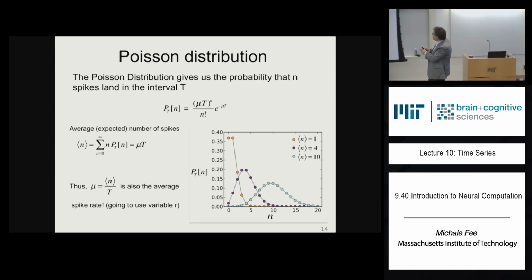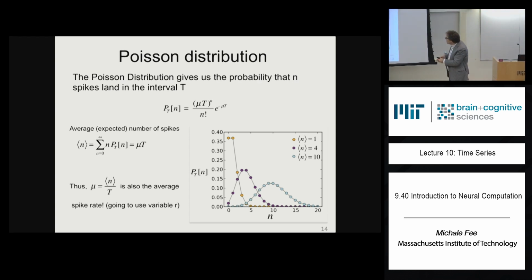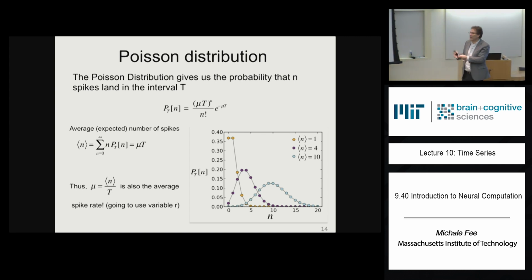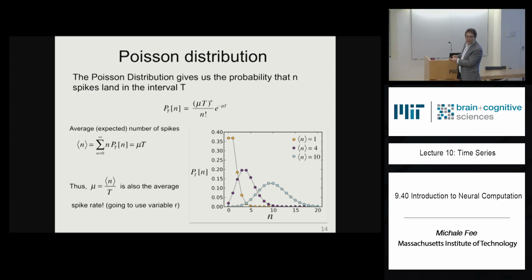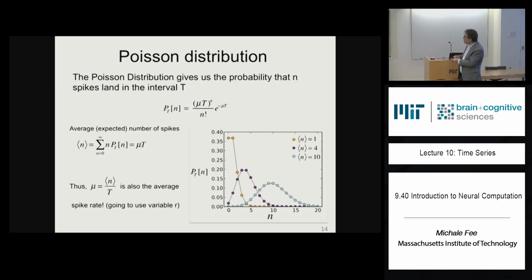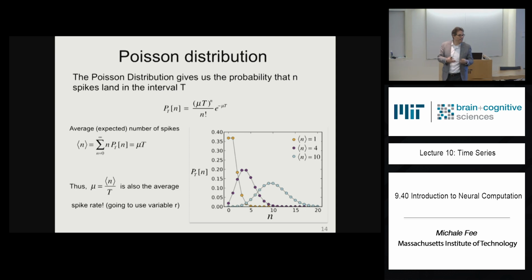If the expected number of spikes is 4, you can see that the mode of that distribution moves to the right. You have a higher probability of getting 3 or 4 spikes, but again, there's still a distribution. So even if the average number of spikes is 4, you have quite a wide range of actual spike counts that you would get on any given trial.